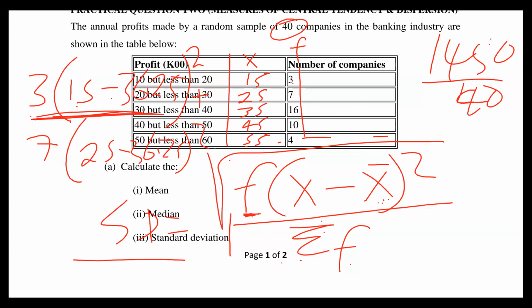Then you go to the next class, plus frequency times X minus the mean, squared again. Frequency 16 times 35 minus the mean, squared, until you finish all these and divide by 40. Then you take the square root. That is the standard deviation. Is that clear? Does someone have a question?